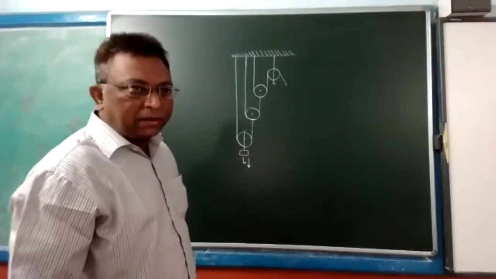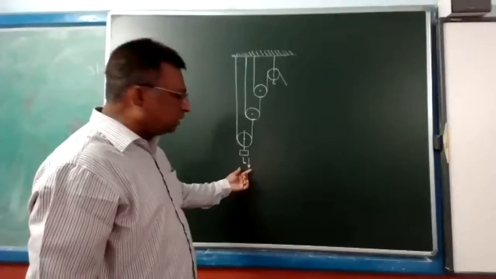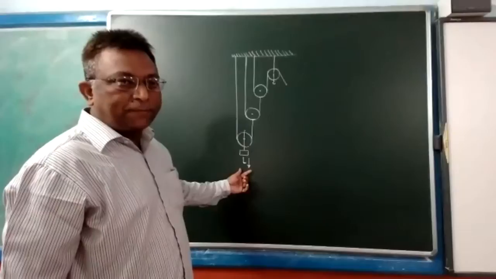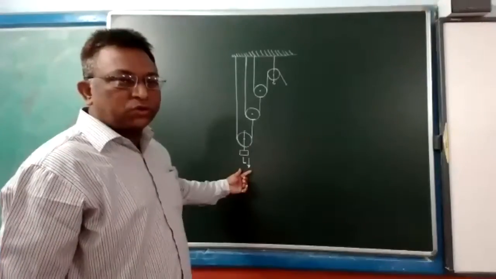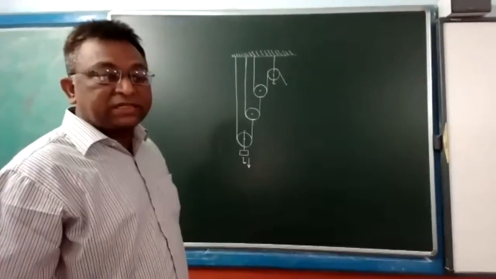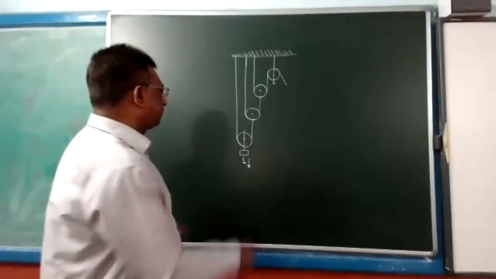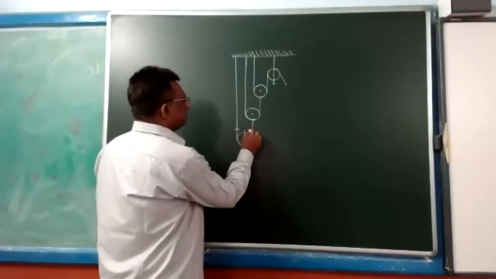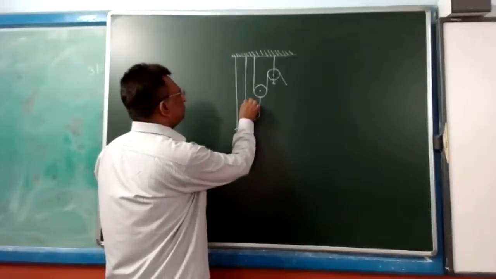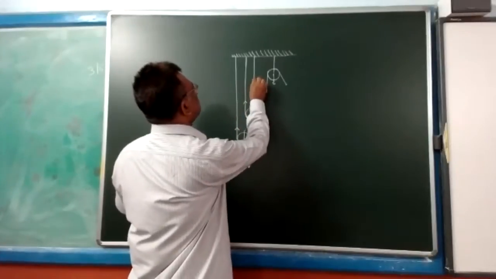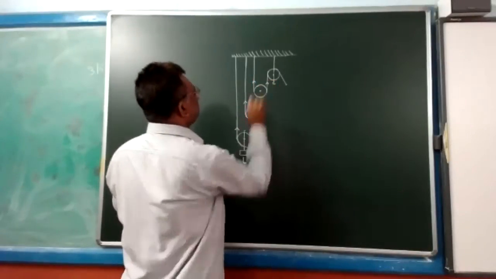As this load is pulled by the earth, tension is produced in the various strands of the rope.